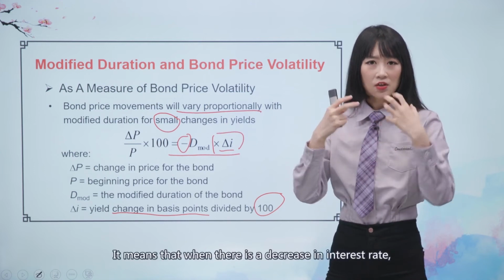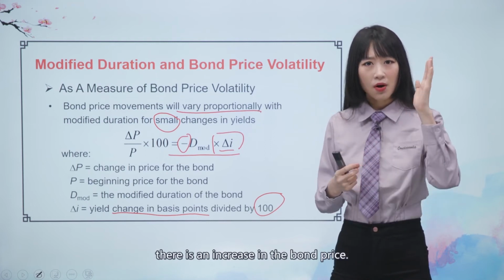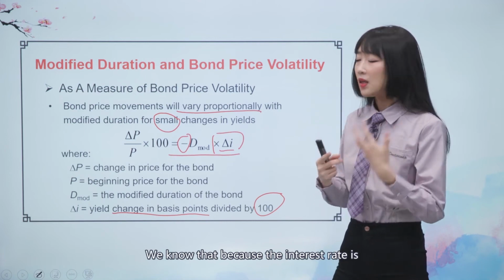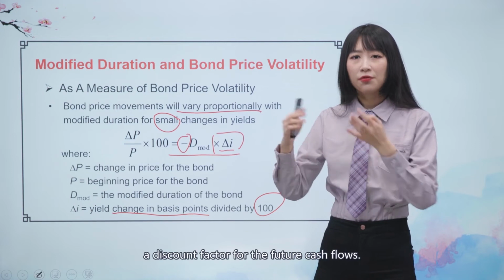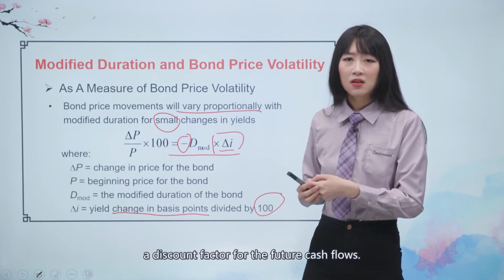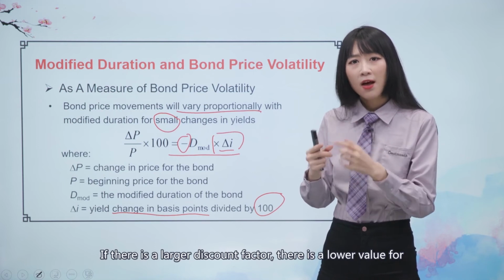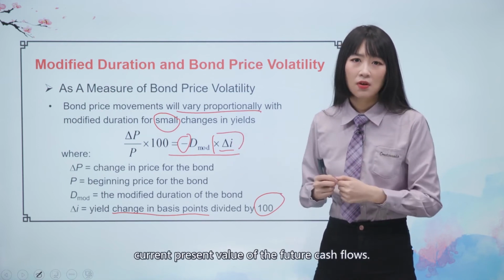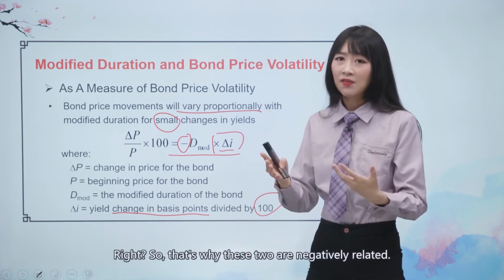When there is a decrease in interest rate, there is an increase in the bond price. We know that because the interest rate is a discount factor for the future cash flows, and if there is a larger discount factor, there is a lower present value of the future cash flows, right?